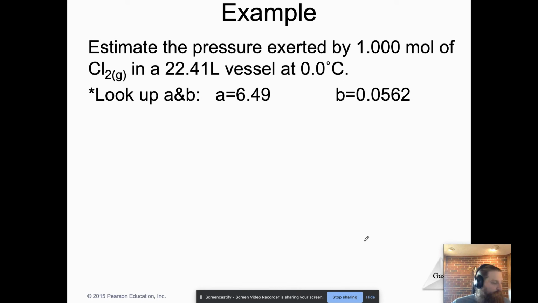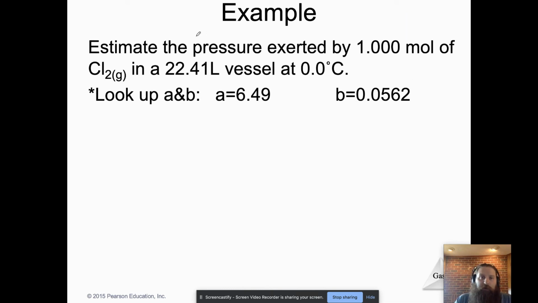Right off the bat, we should say the answer is going to be 1 atmosphere. How do I know that? Well, I've got 1 mole of gas at 22.4 liters at 0 degrees Celsius. STP is being described here: standard temperature, 22.4 liters, and 1 mole.